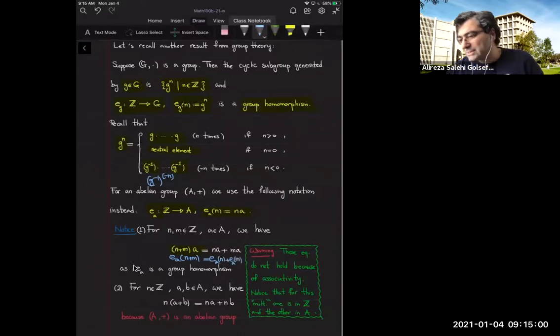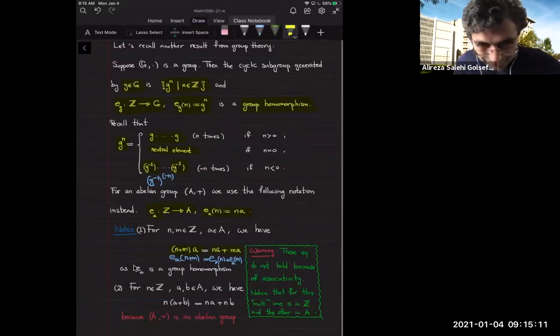So I get this nice equality that we are allowed to use from this point on, that we have kind of distribution property between integers and elements of an abelian group.